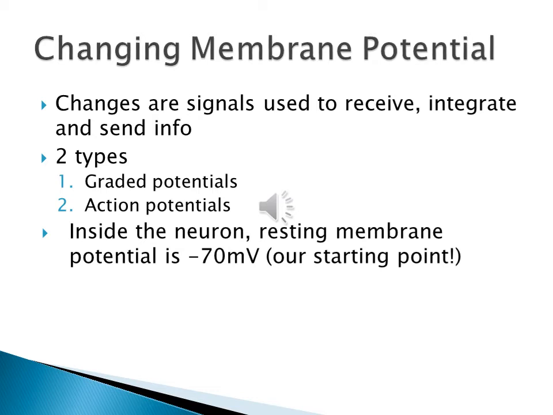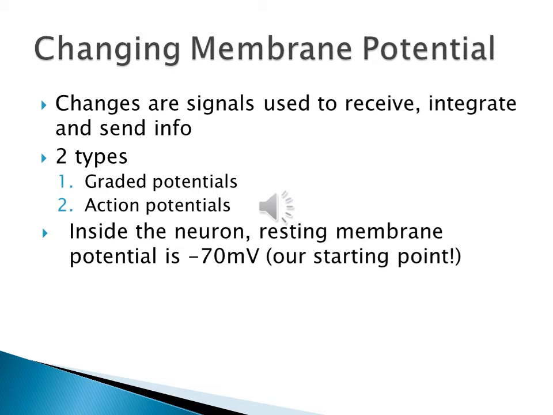These can summate to generate action potential. They're going to occur when the stimulus causes gated ion channels to open. Their magnitude is going to vary, hence why they're graded, based on stimulus strength. And they decrease in magnitude as they travel further, because as the distance increases, the ions flow and diffuse through those leakage channels.